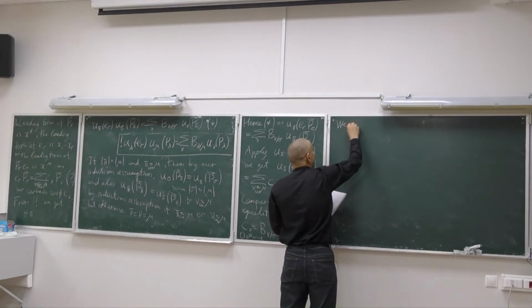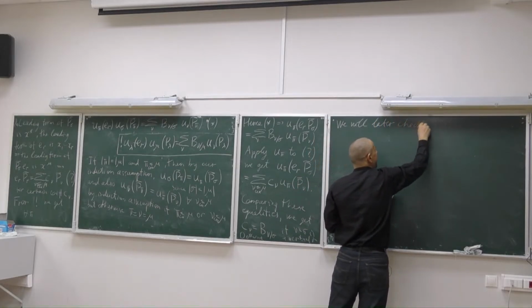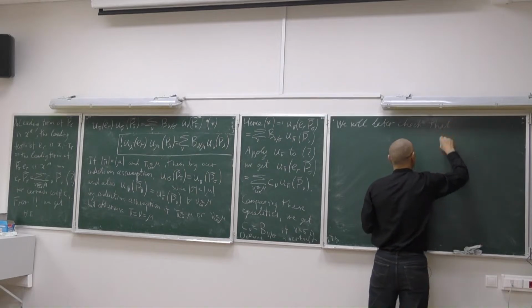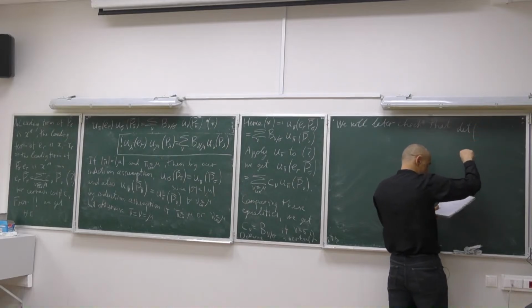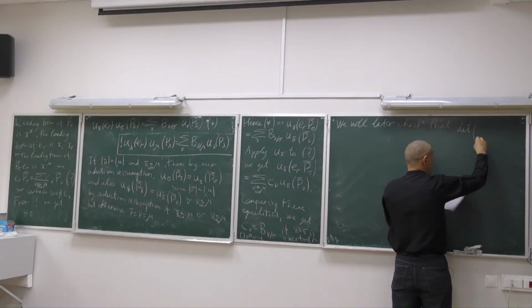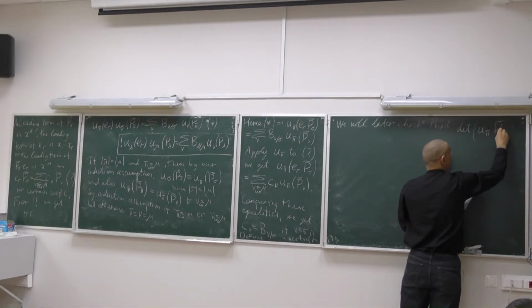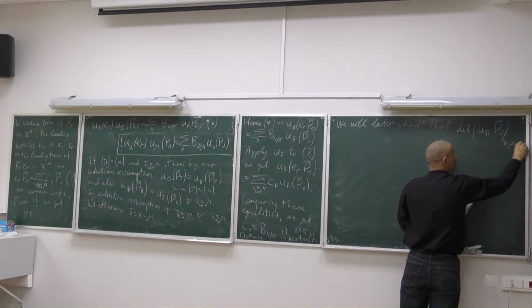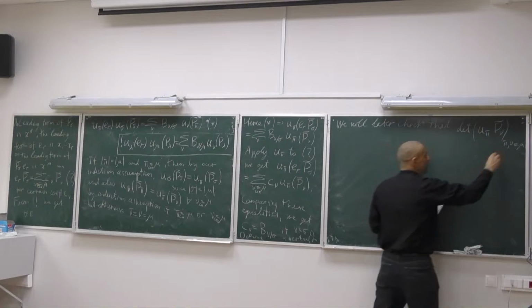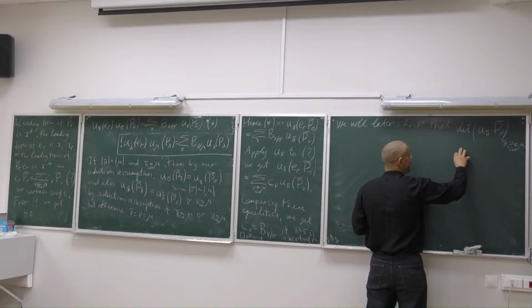So we will later check that the matrix of evaluations u pi over p nu, where pi and nu run over all partitions smaller than mu, has a determinant that is not zero.